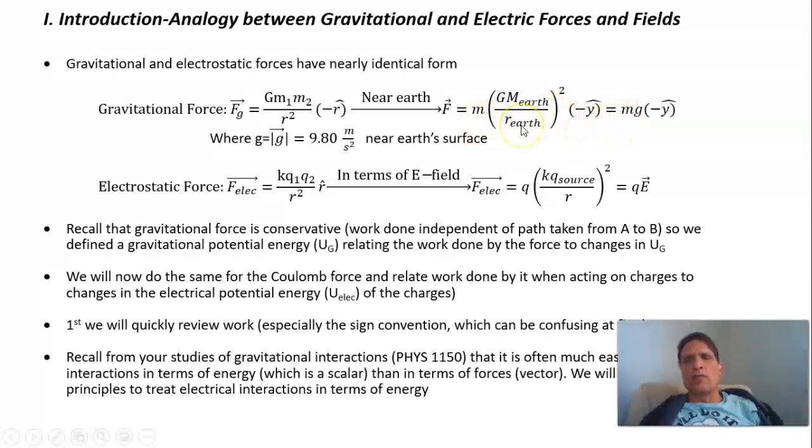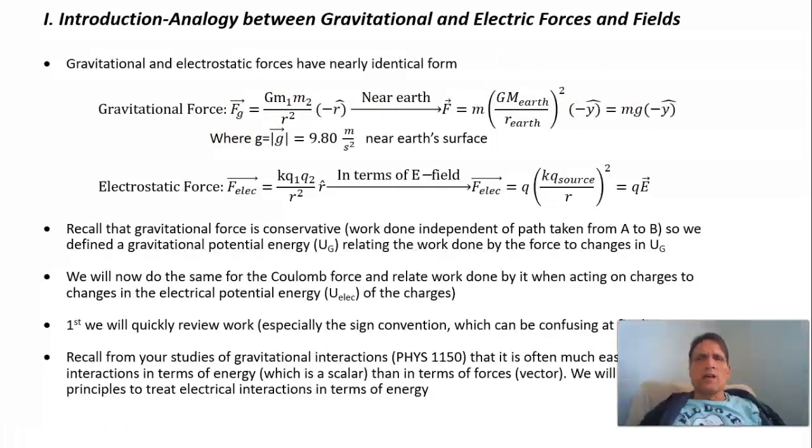Now if you get much above the surface of the Earth, then r is no longer exactly equal to r Earth, and then this value of g decreases by a little bit. But as long as we're not too far away from Earth's surface, and even up to higher values if you adjust g, we can describe the force in terms of mg, where g is the gravitational field strength.